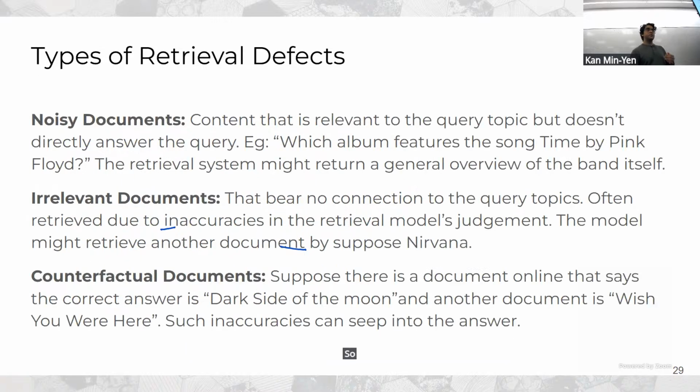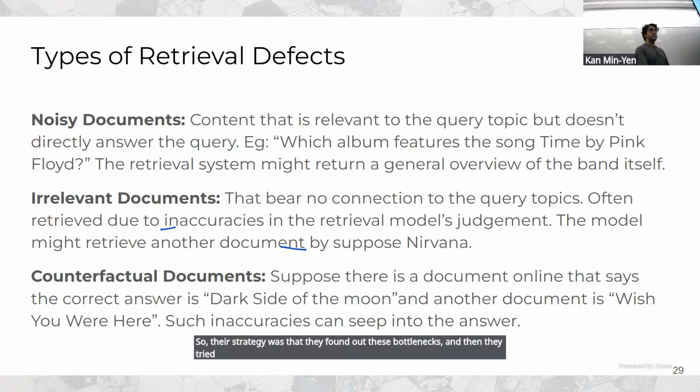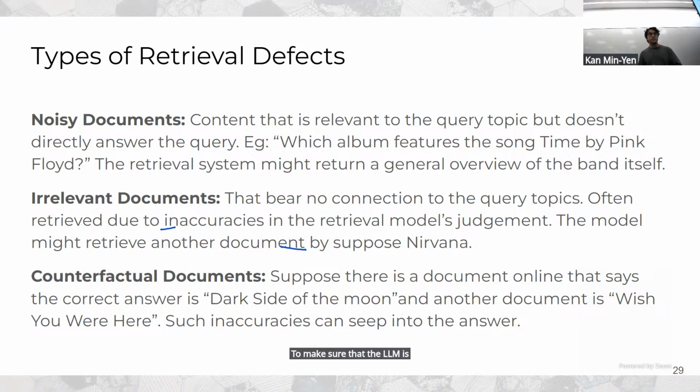Their strategy was that they found these bottlenecks and then tried to fine tune against them to make sure that the LLM is reliable and robust enough to ignore these bottlenecks in a way. These bottlenecks are noisy documents.